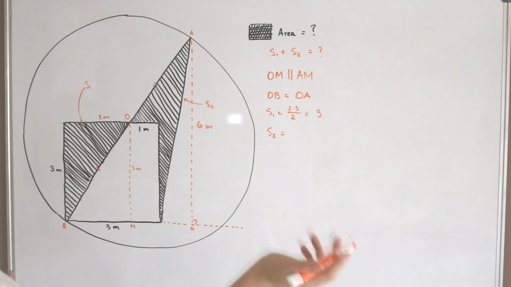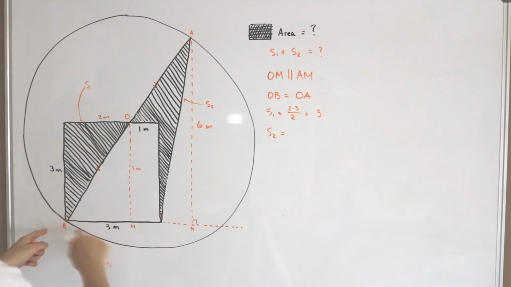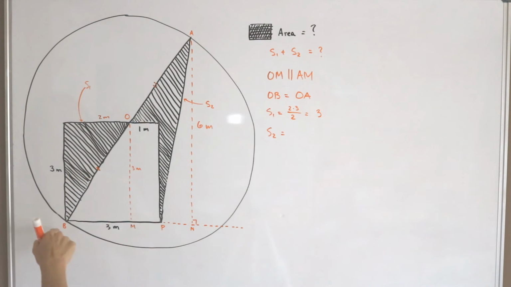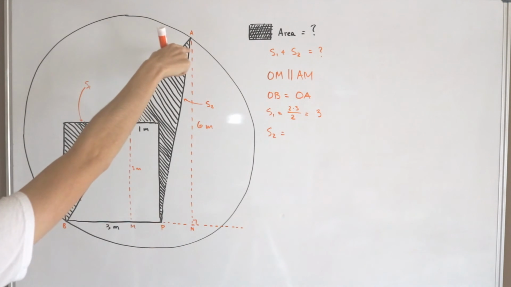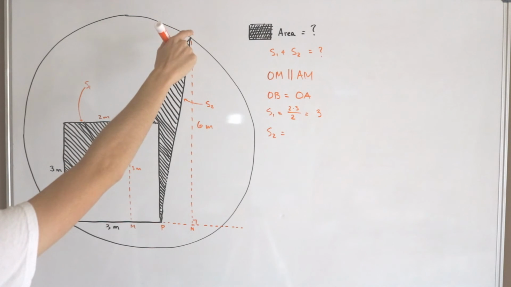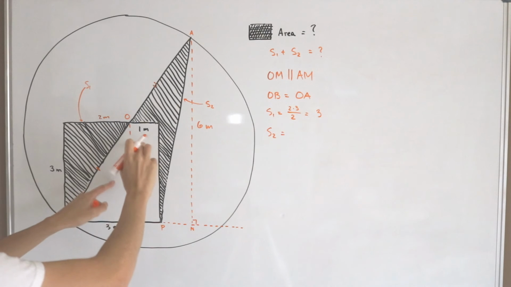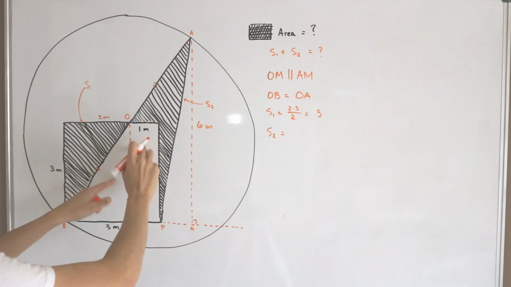Let me label this point P just for the sake of it. Triangle BPA is the triangle we're trying to calculate, and then we're going to subtract the trapezoid, the unshaded region over here.